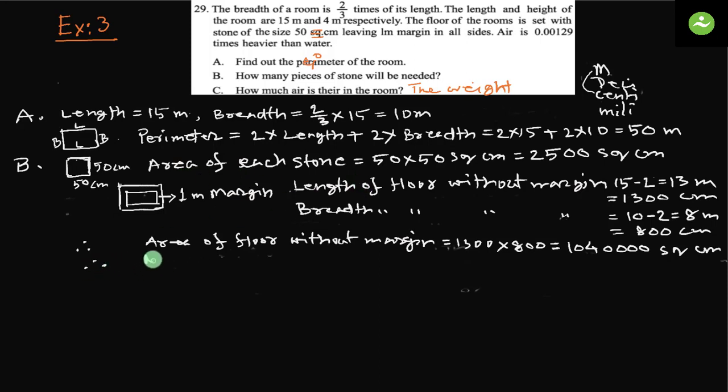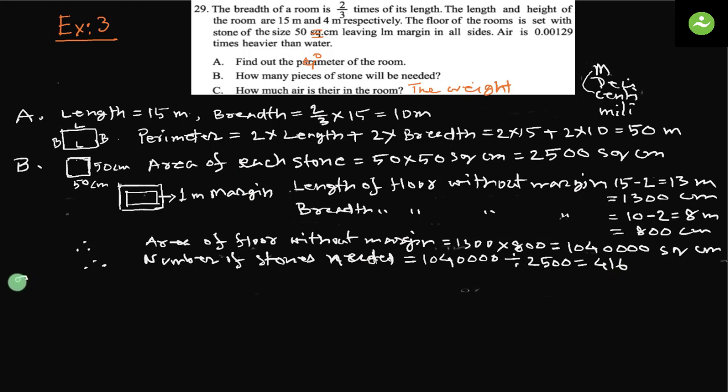Therefore, number of stones needed equals 104 and 40 divided by 2500 equals 416. So number of stones needed is 416.